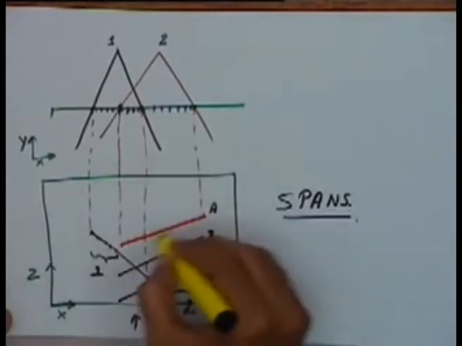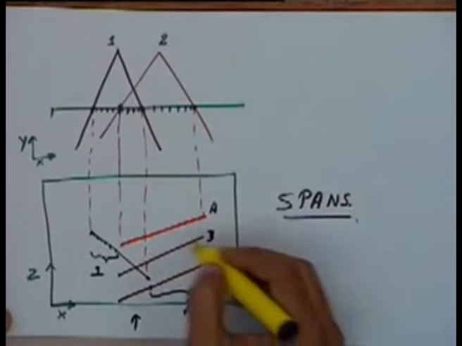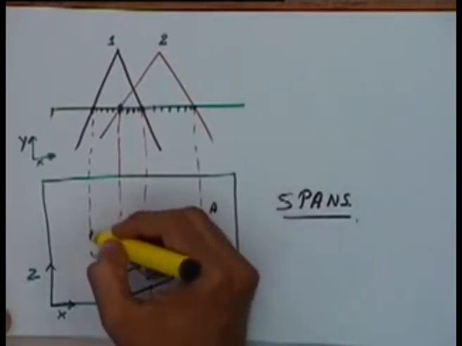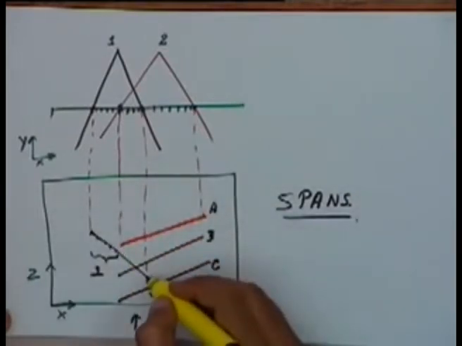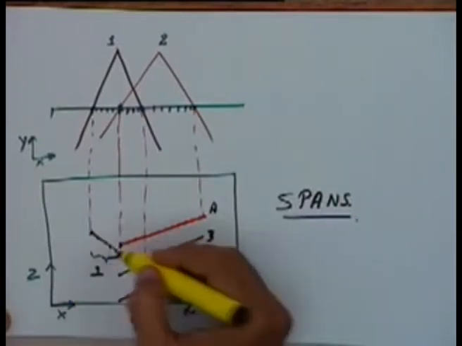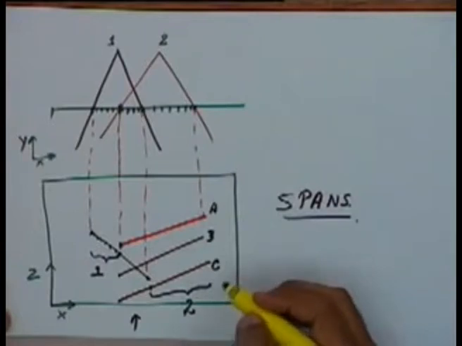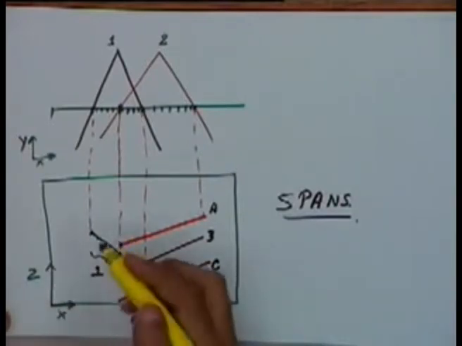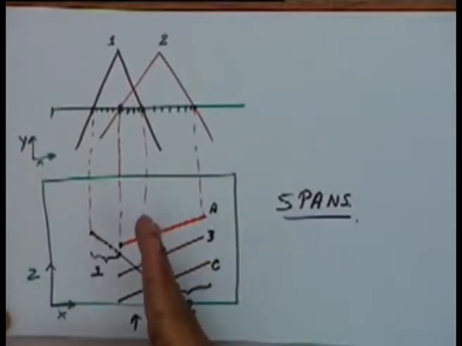I am talking of these intersections. In these intersections the spans will be defined to go from one endpoint to another endpoint. This is an endpoint, this is also an endpoint. So wherever we have endpoints, our spans will terminate there.